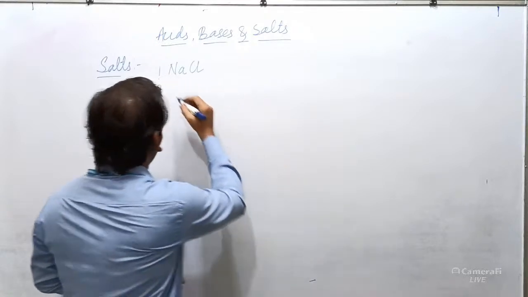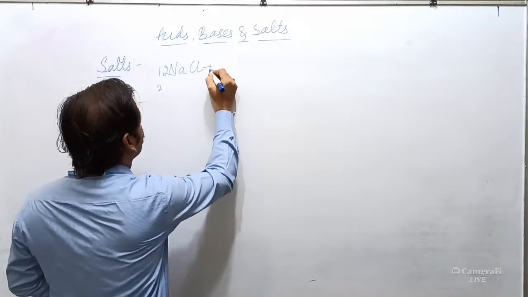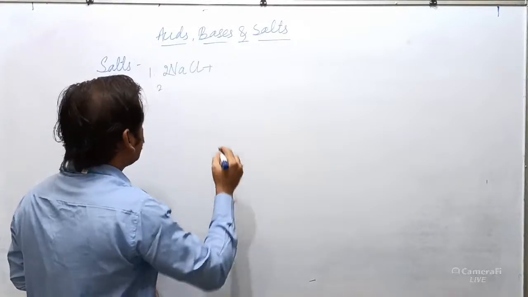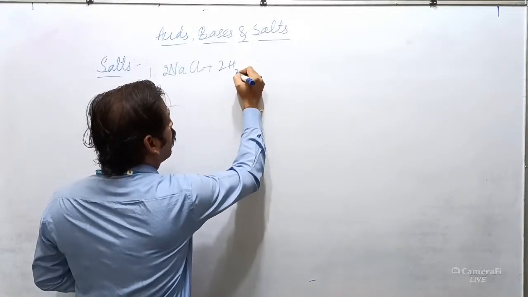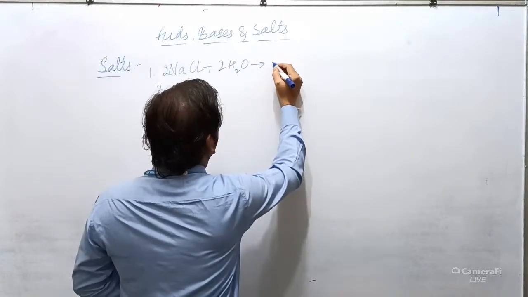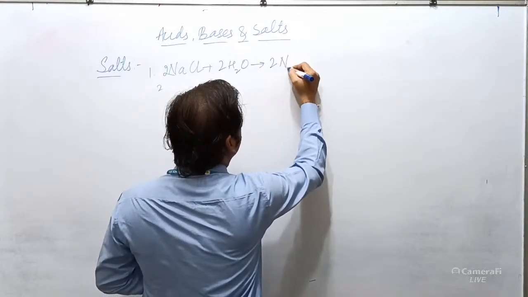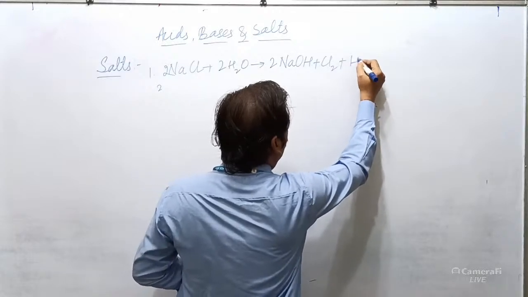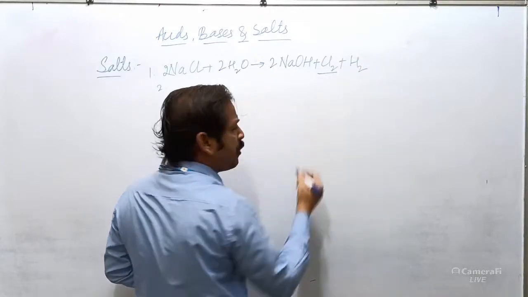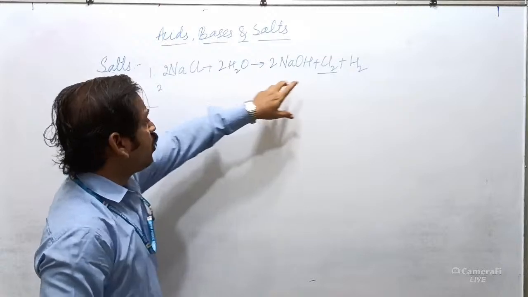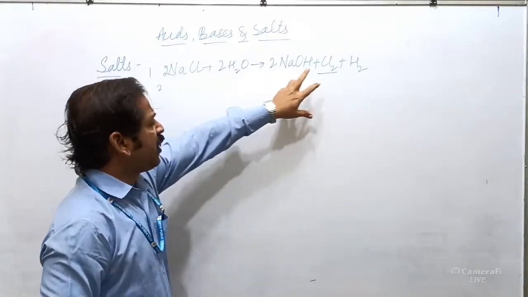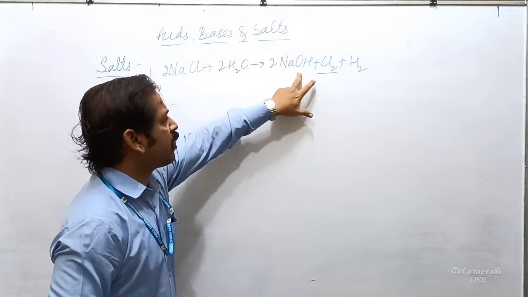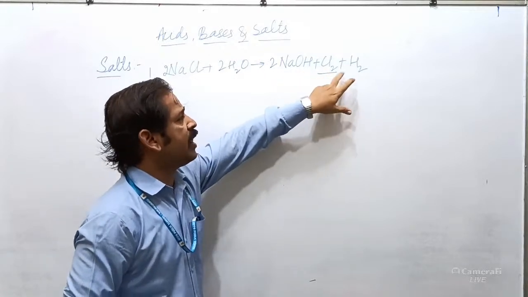When sodium chloride reacts with water, it forms sodium hydroxide, chlorine and hydrogen. These are the three products of sodium chloride: sodium hydroxide, chlorine and hydrogen.